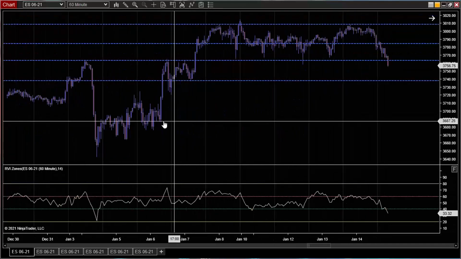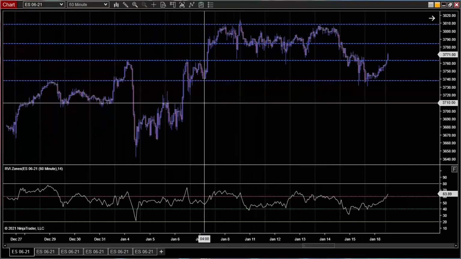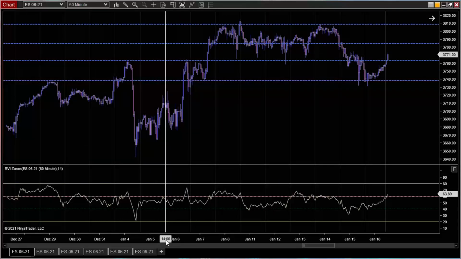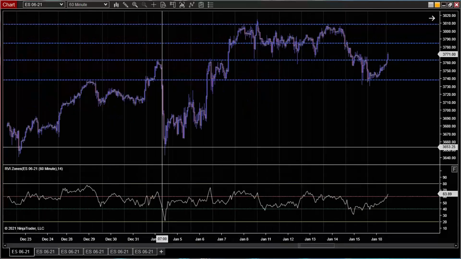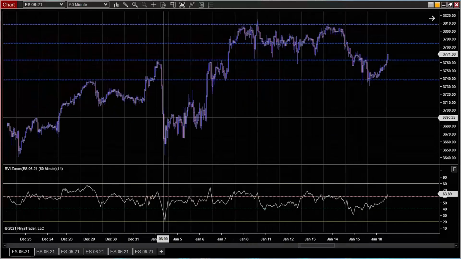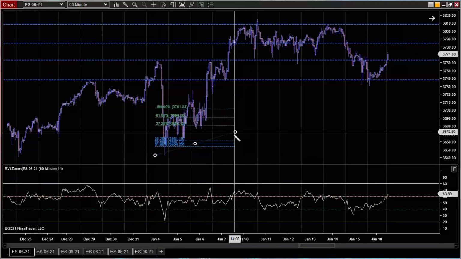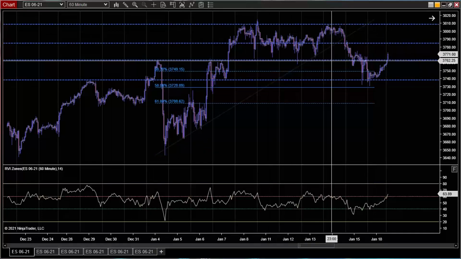But what I do want to point out here is that when you have support and resistance and you have fibs, you can then try to line them all up with the levels. So in this case here, you can see the largest leg that we can see on the screen is from the major low all the way up to at least the major high for this time period.